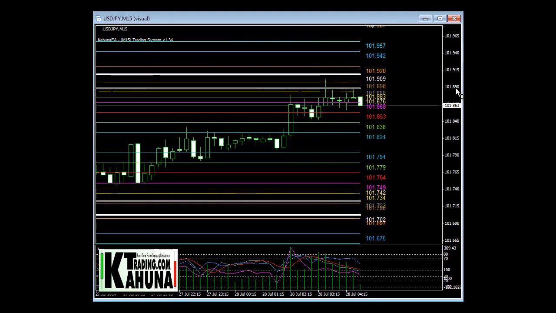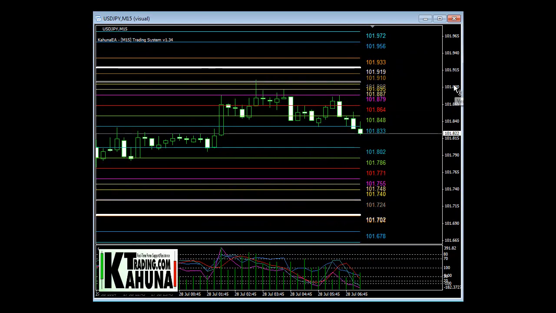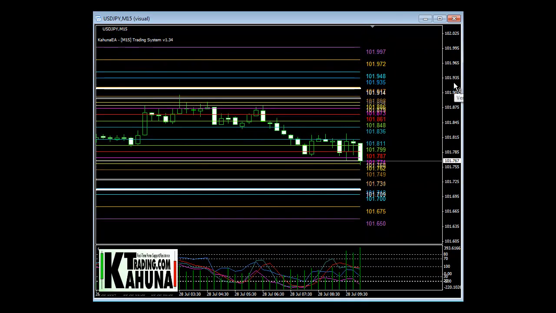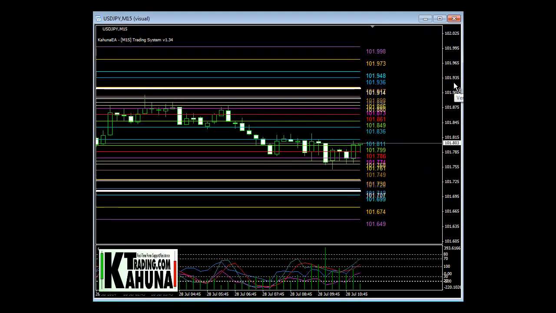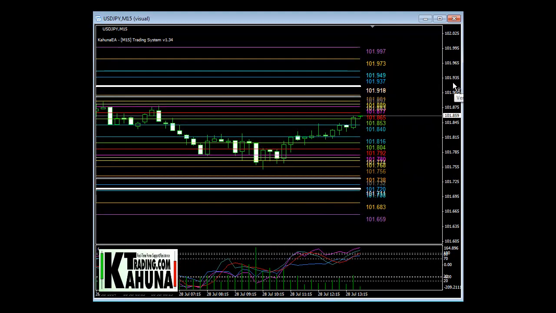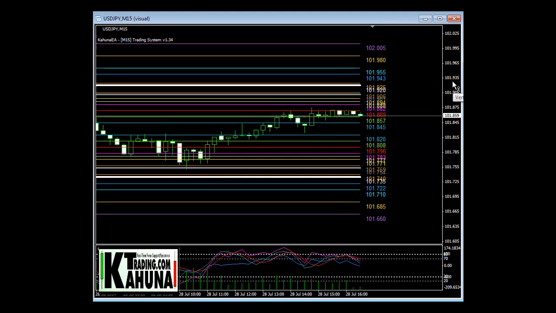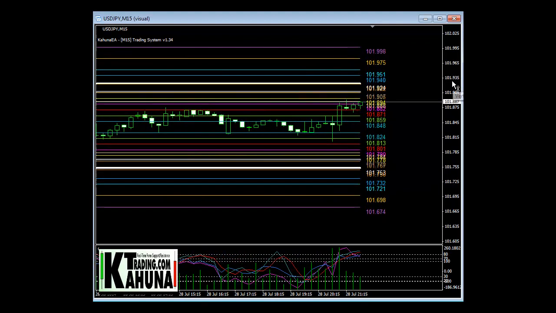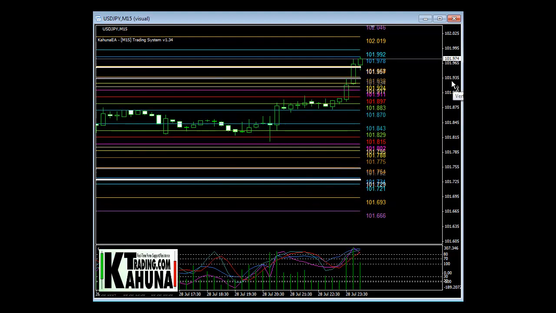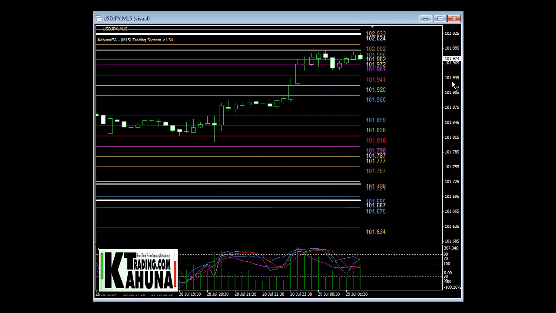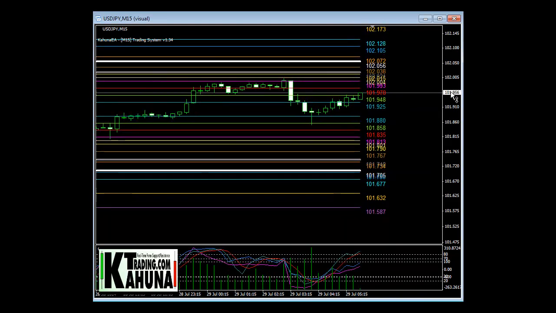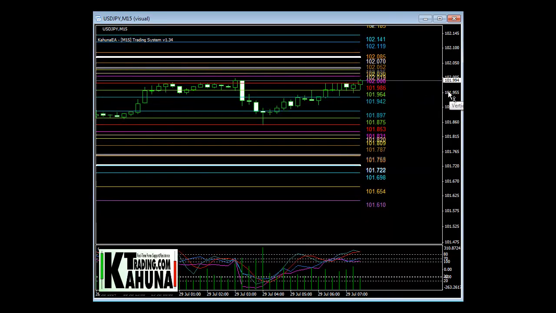This is just to complement your system. So that's a couple minutes of running on the M15, the USDJPY. Should give you an idea how accurate Kahuna-M15 is.